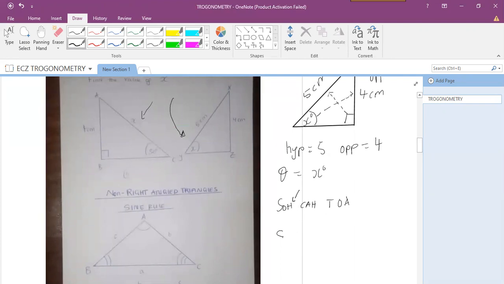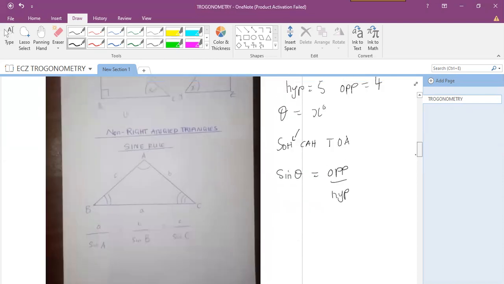We'll say sine theta is equal to opposite over hypotenuse. Then we just substitute. The theta there is x degrees, the one that they want us to find, so sine x degrees is equal to, the opposite is 4, over the hypotenuse is 5, like so.